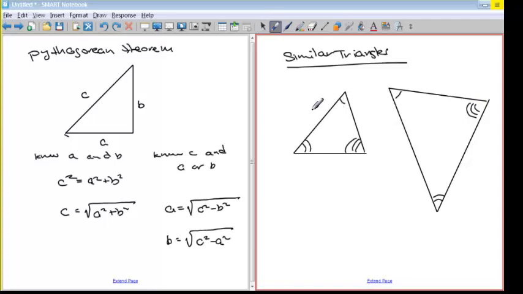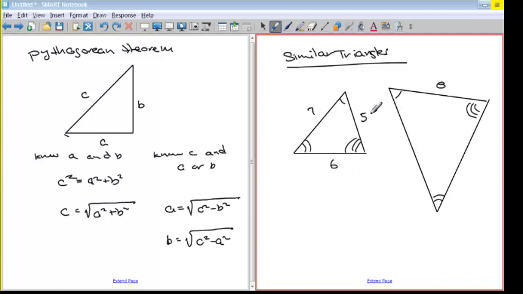So if I gave you these sides, let's say I said that was 7, and this was 5, and this was 6. Those are the lengths of the three sides. And I gave you one side over here. Let's say this was 8. And I ask you to find the lengths of the other two sides of this similar triangle.